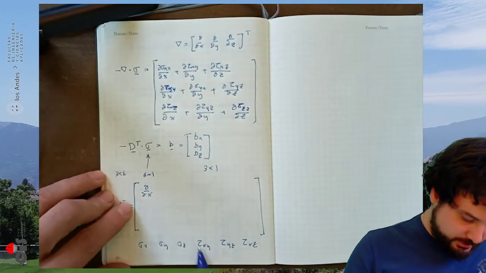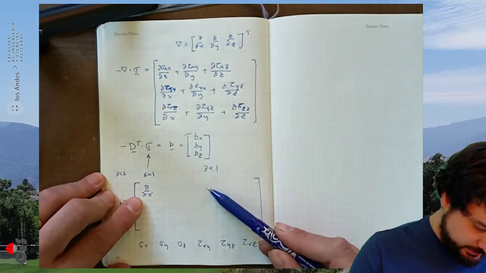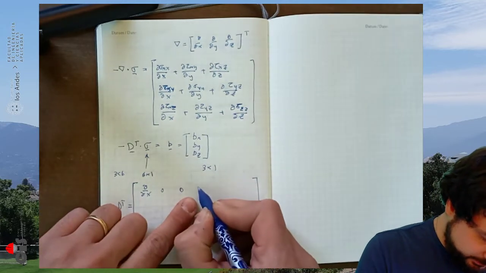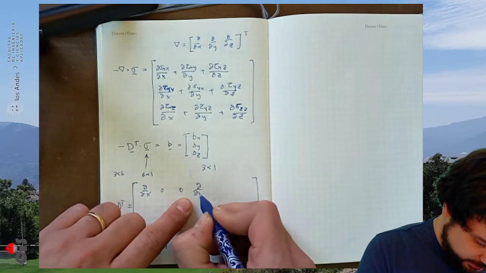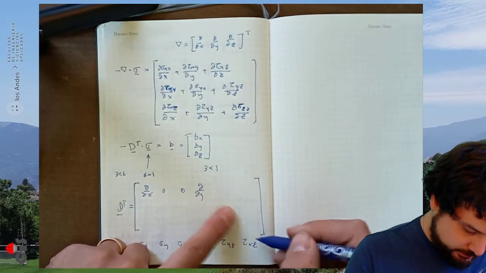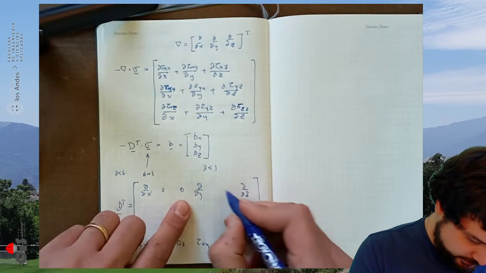So if I need d dx, then I'm going to have 0 here, 0 here, and I'm going to have d dy, and then d dz, and I need another 0 here.